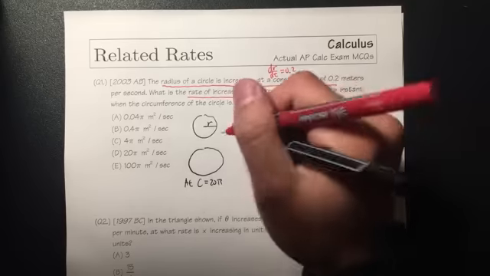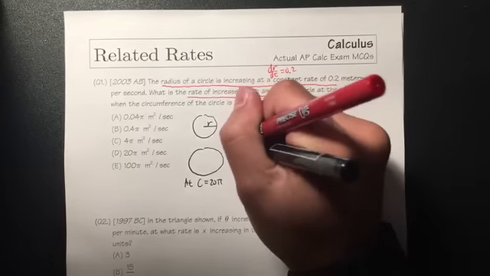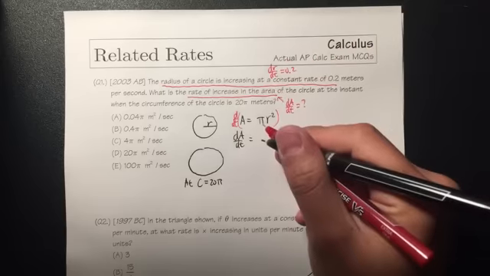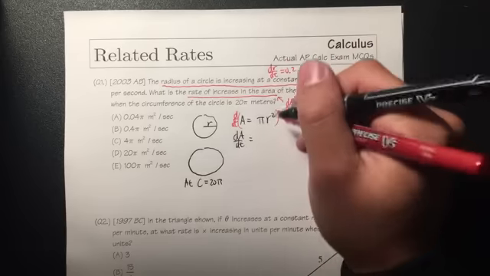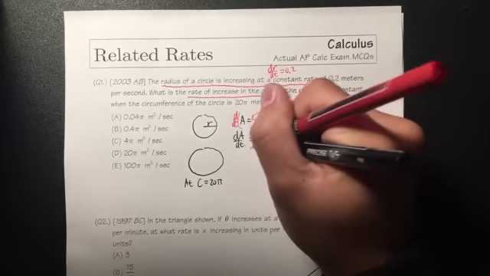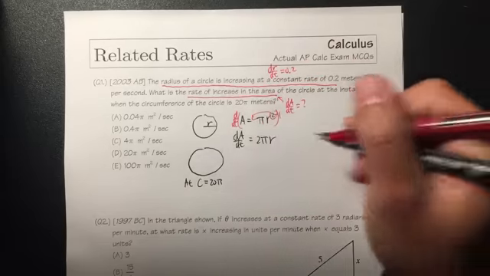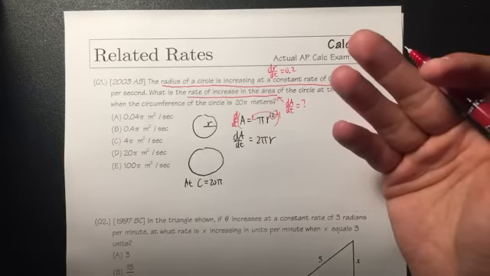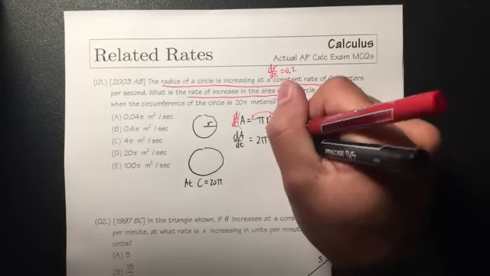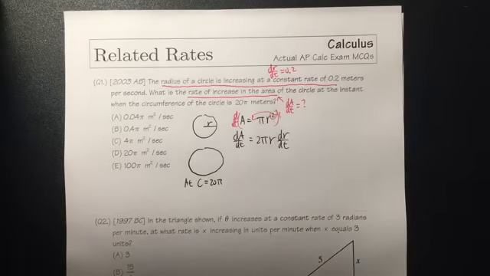On the left-hand side, we get dA/dt, and this is equal to, right here, pi is a constant, and we have r squared. Of course, bring the 2 to the front, minus 1, so we get 2 pi r. And because r is a function of time, we will have to multiply by dr/dt, okay?